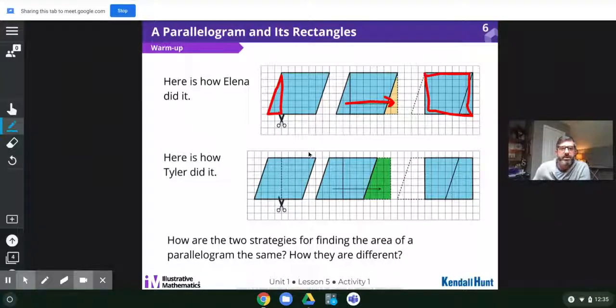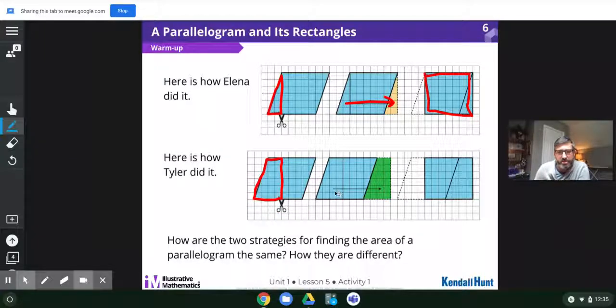So let's look and see how Tyler did it. Well, he also decomposed or cut this parallelogram into a couple shapes, and then took this trapezoid. Now we're used to working with rectangles when we're decomposing, but Tyler decided to cut it and make a trapezoid.